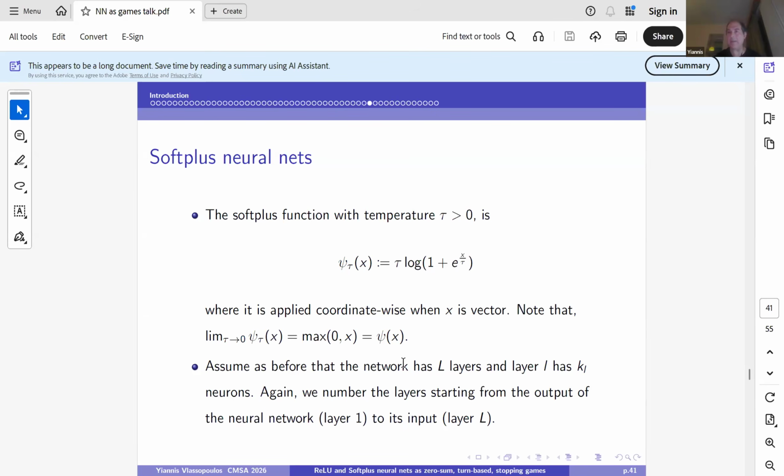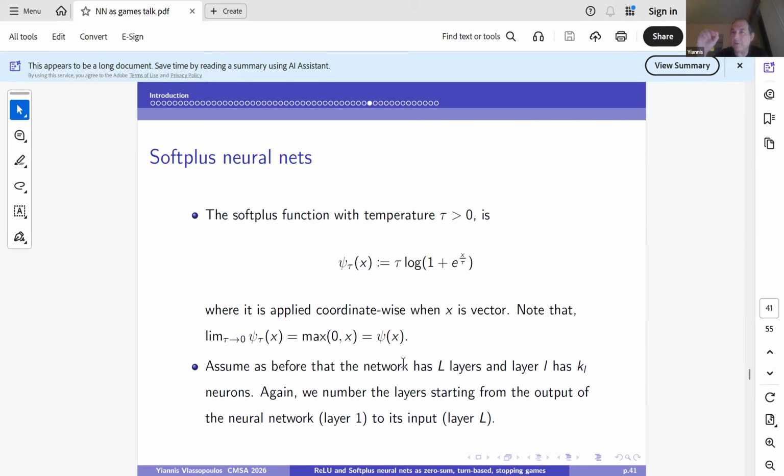It's almost the same game as for the ReLU, with the same states and transition probabilities. It's still an optimal stopping game, in other words the choices are just stop or go on, but now the policy is randomized.